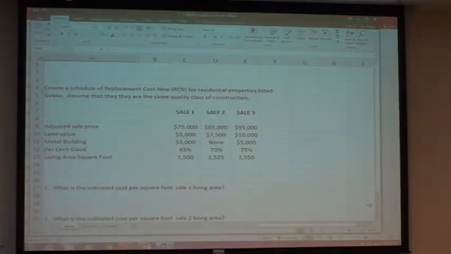You just find the indicated cost per square foot of living area of each one of these sales. What you get? I got real close. Let me check mine versus yours. Oh, yeah. I've done a step different. I've seen it done both ways.